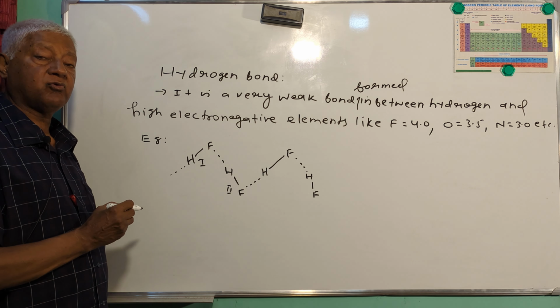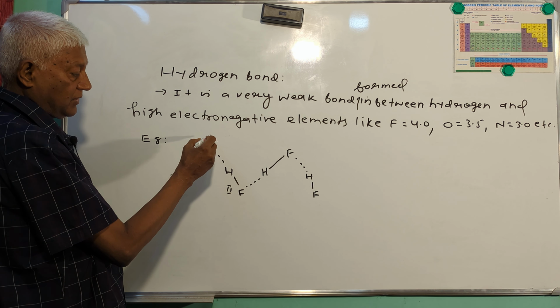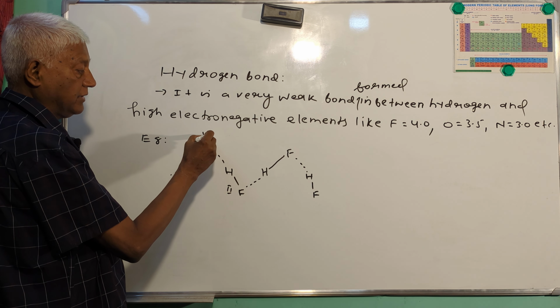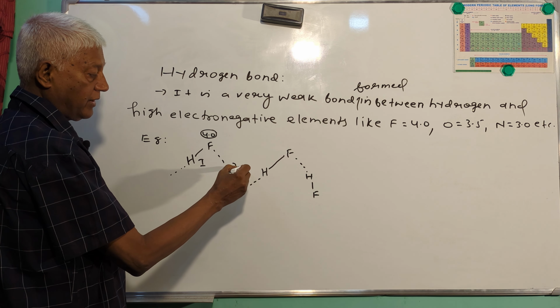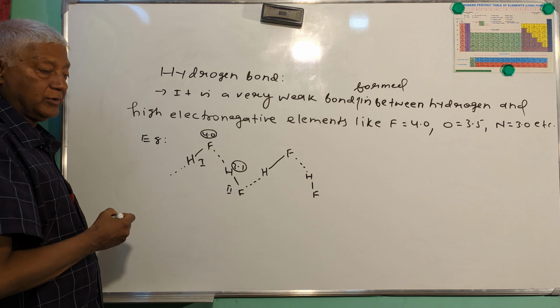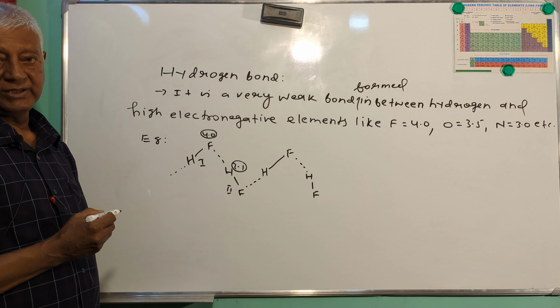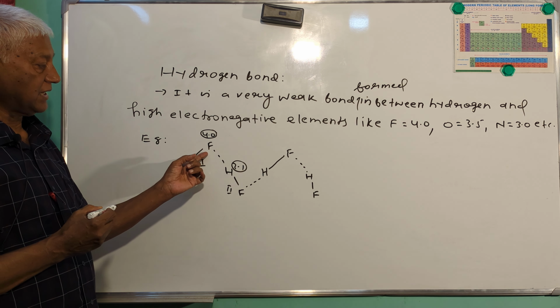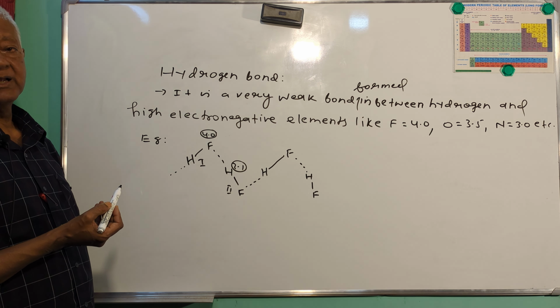Now the question arises, why is hydrogen bond formed? Fluorine has electronegativity value 4.0, and H has 2.1. According to the definition of electronegativity, the element which has higher electronegativity value attracts the shared pair of electrons.